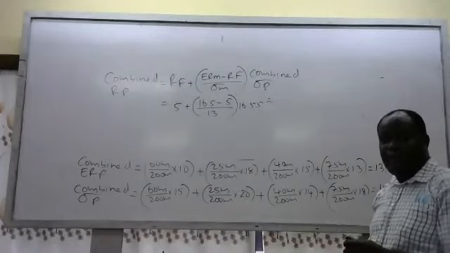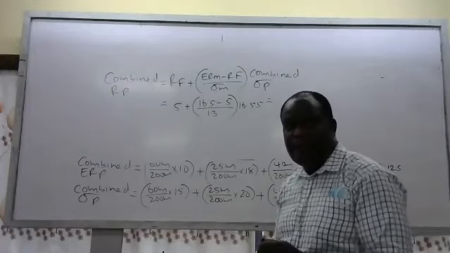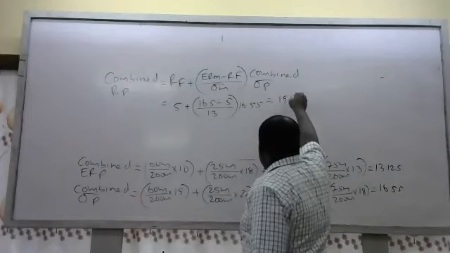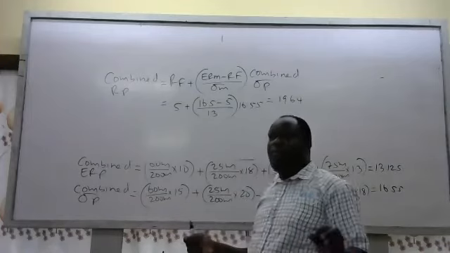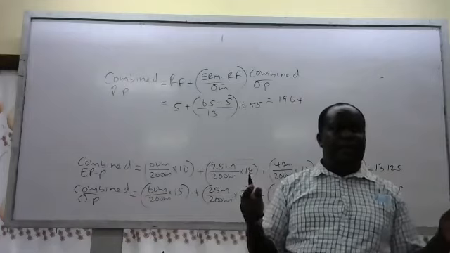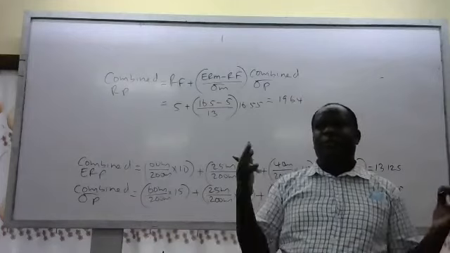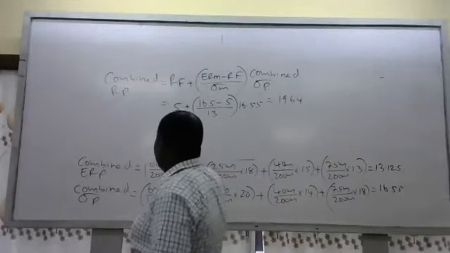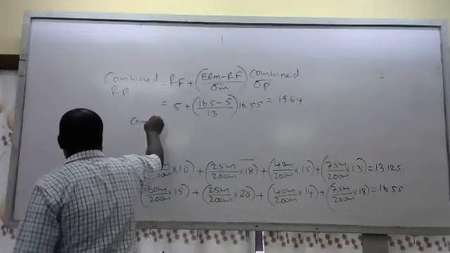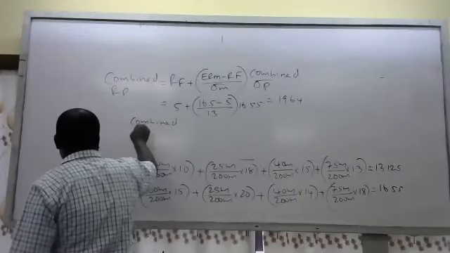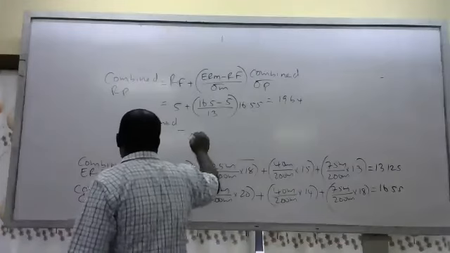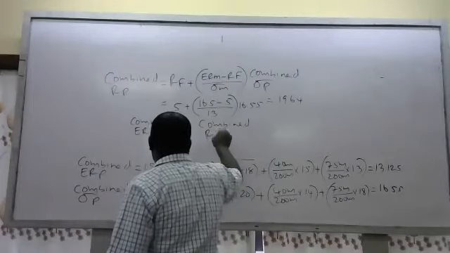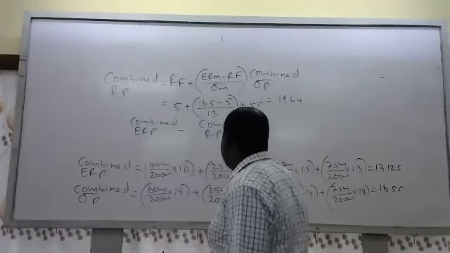19.64. So we are comparing the expected return and the return, so that we tell whether the portfolio is superior or inefficient. So we get the combined expected return of the portfolio minus the combined return of the portfolio.